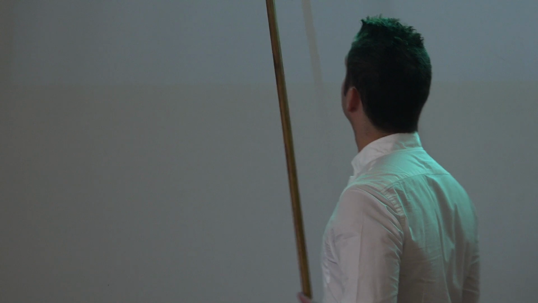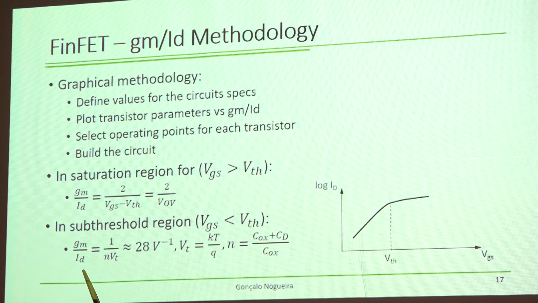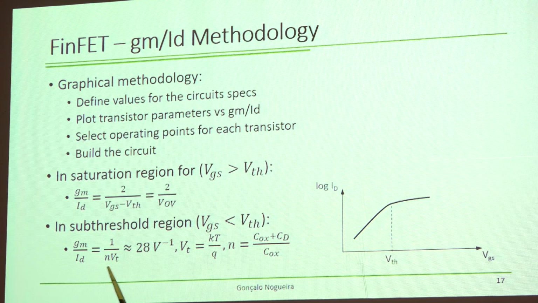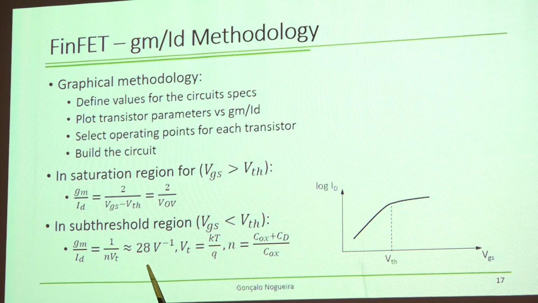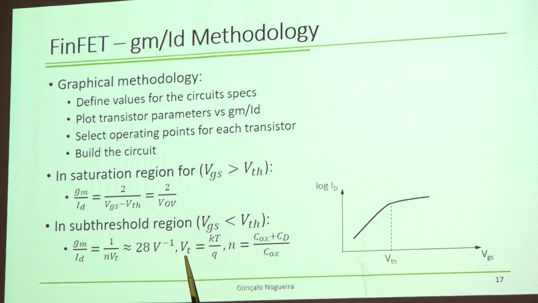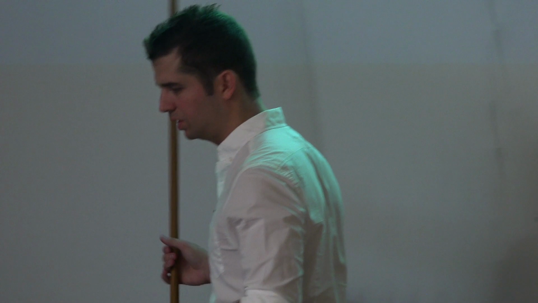In this region, for saturation, gm over ID is equal to 1 divided by n times the thermal voltage. The thermal voltage is around 28 volts to the minus 1 here, and these are all constants. This factor n is defined here with CD, the depletion capacitance.